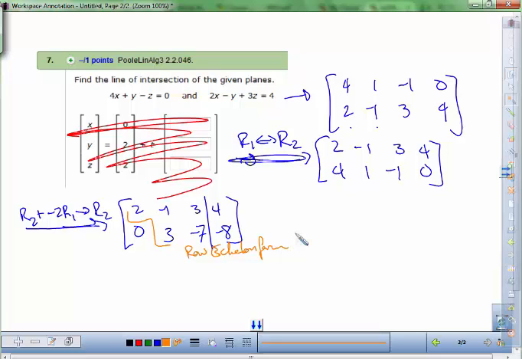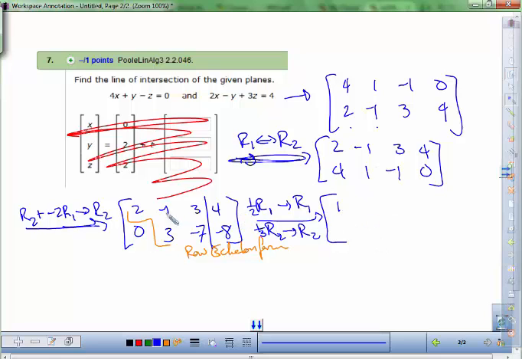But we can take it a step farther and have it in reduced row echelon form by taking the first row and multiplying it by 1/2 and then replacing that first row. And I could take the second row and multiply it by 1/3 and then replace that second row. So if I take that one extra step, then I would be in reduced row echelon form.